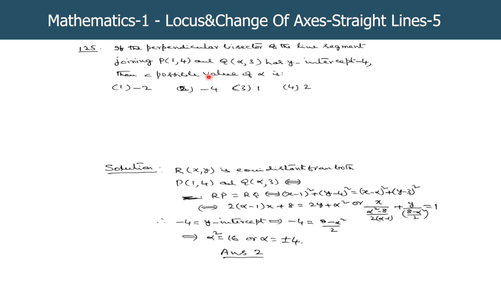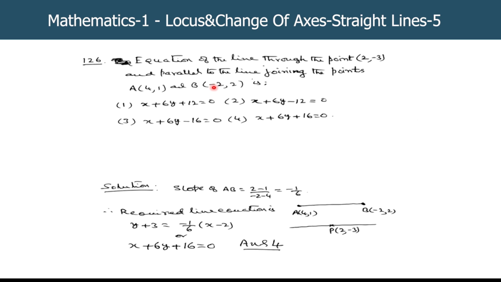So, option number 2, because he asked for one of the possible values of alpha. So, alpha can be minus 4. 126. The equation of the line through the point 2 comma minus 3 and parallel to the line joining the points 4 comma 1 and minus 2 comma 2 is: x plus 6y plus 12 equal to 0, x plus 6y minus 12 equal to 0, x plus 6y minus 16 equal to 0, and x plus 6y plus 16 equal to 0.